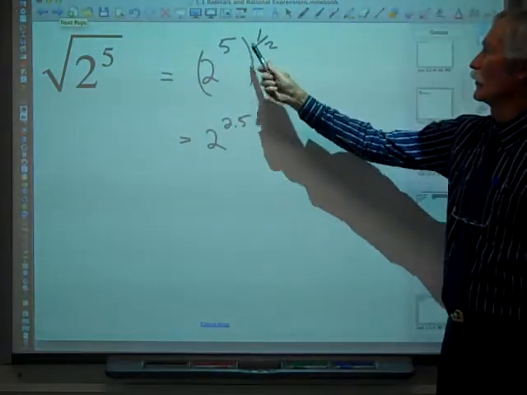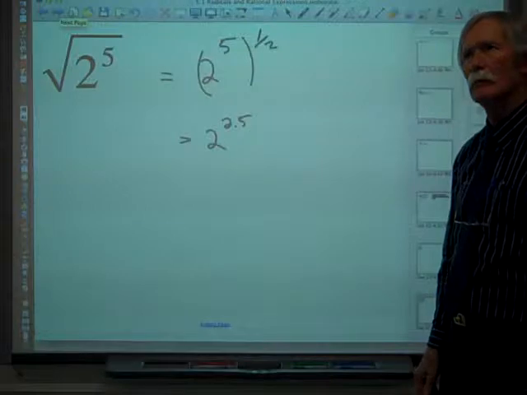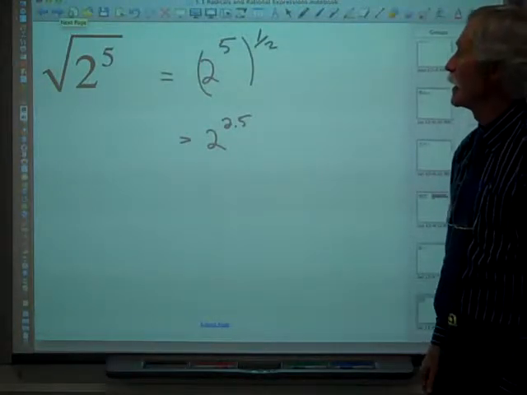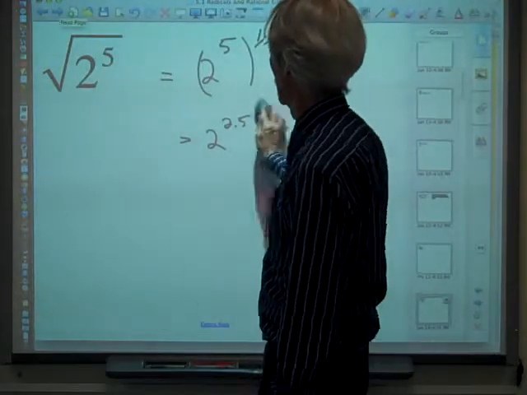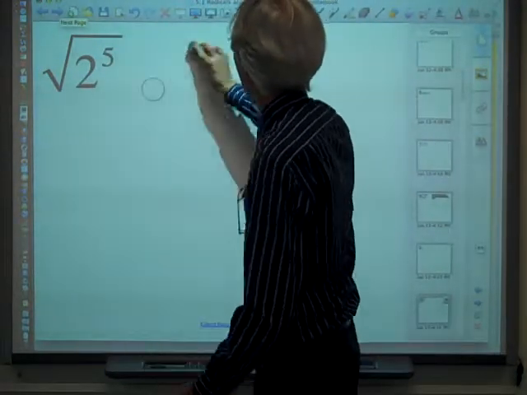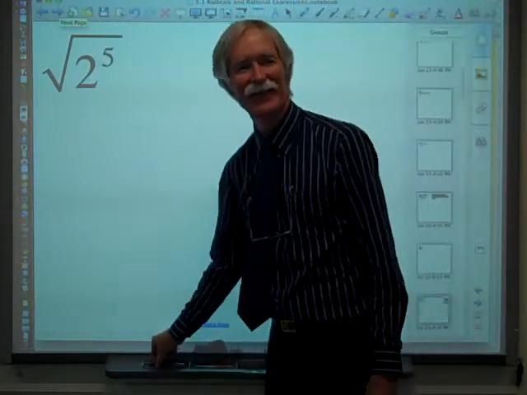Because you end up with half of 5 is 2.5, and what is 2 to the 2.5 power? What in the world does that even mean?